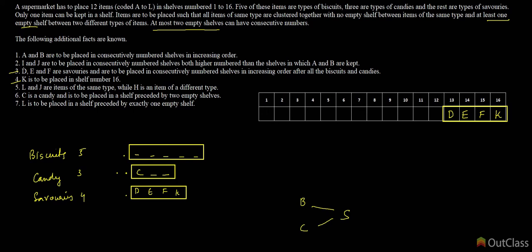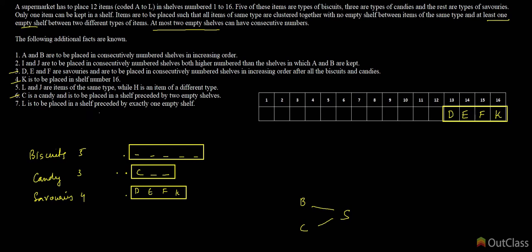As soon as they tell us that the set of candies is preceded by 2 gaps, we can conclude that biscuits are preceded by exactly one empty shelf, savories by exactly one empty shelf. It has to be. But we still don't know whether biscuits are before candy or candies are before biscuits. That we don't know. Now, we have used 6.